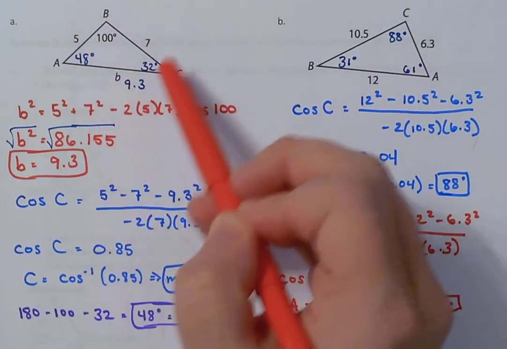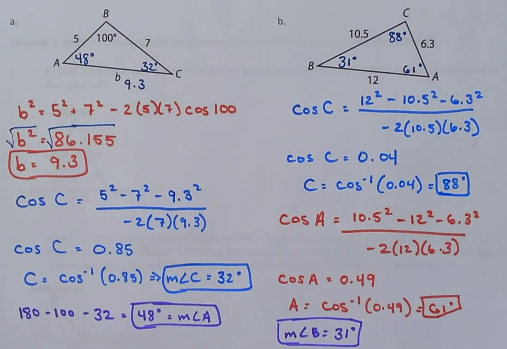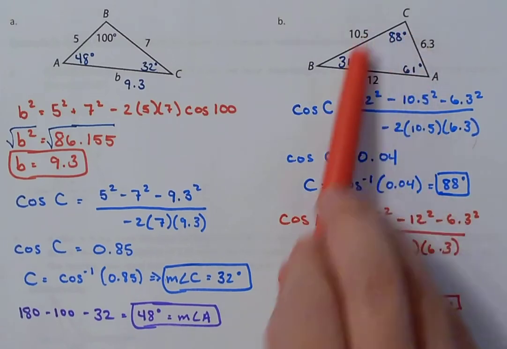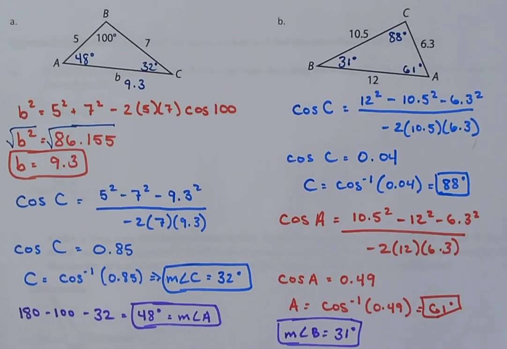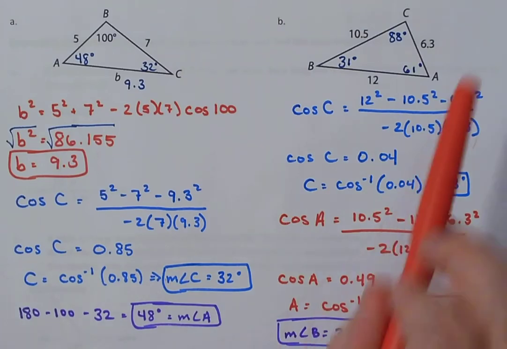You have to know all 3 side lengths before you can find an angle measure. To find a side length, you just need to know 2 side lengths and 1 angle measure. Now for part B, we already knew all 3 side lengths, so that meant we could go ahead and find the angle measures.